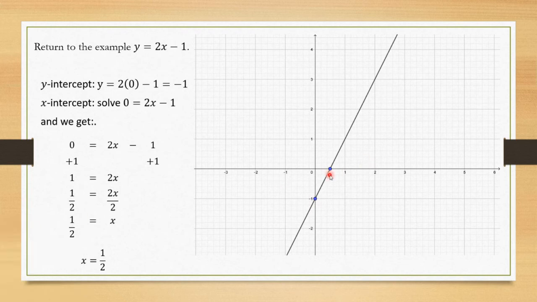This point here on the x-axis, where the graph intersects the x-axis, has coordinates a half, comma, 0. This point here where it crosses the y-axis, remember, the y-axis is always vertical, has coordinates 0, comma, -1.